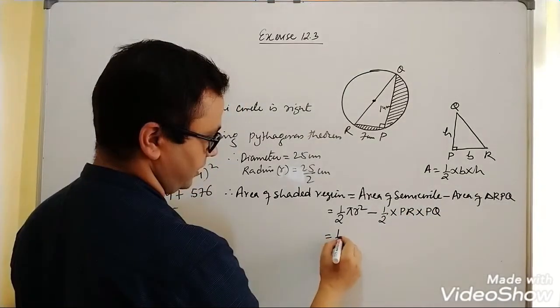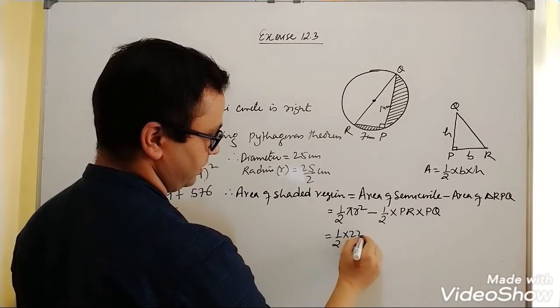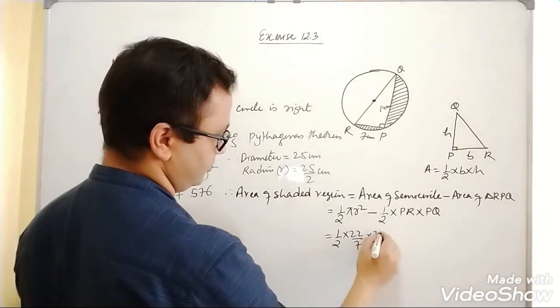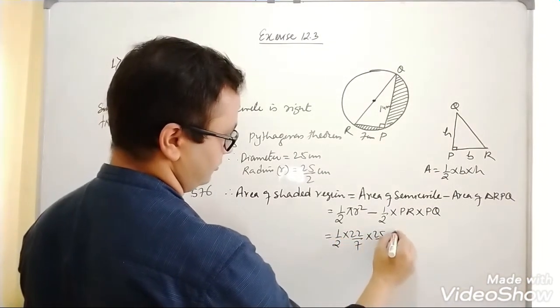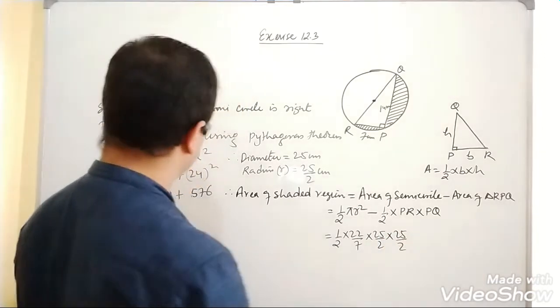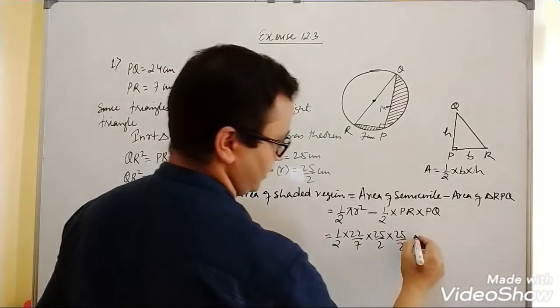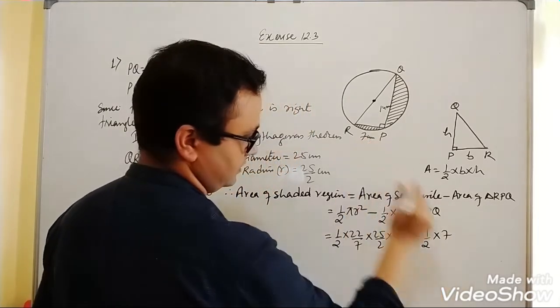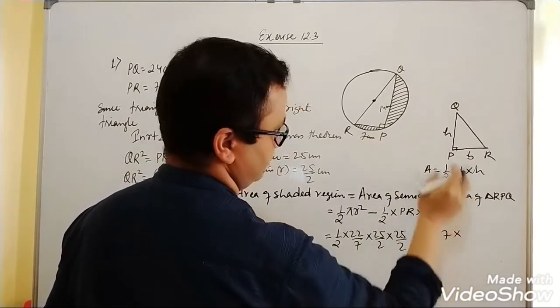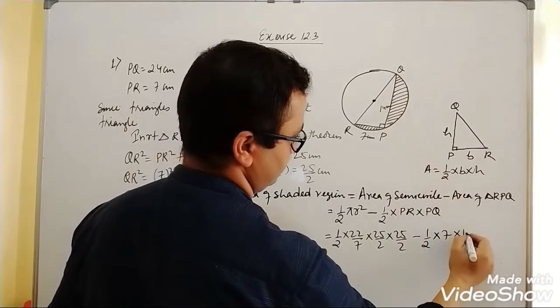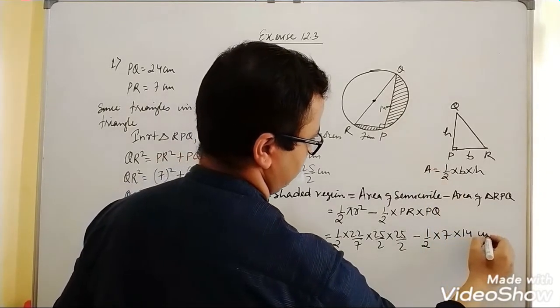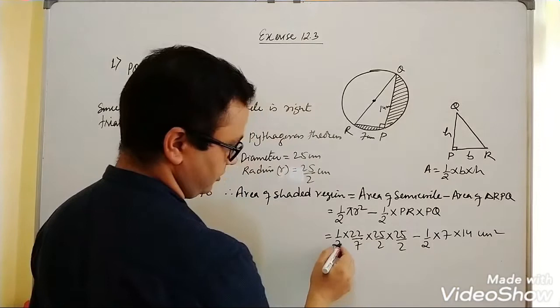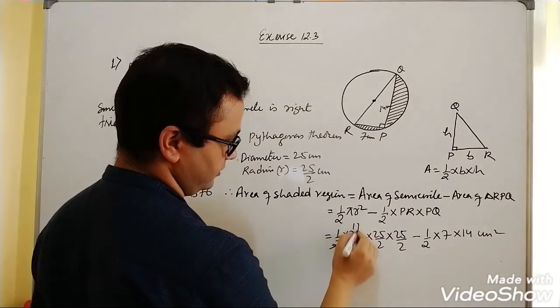Now put the values. Half into value of pi is 22/7, radius is 25/2 into 25/2, minus half into PR is 7 and PQ is 24 centimeter square. So we can cancel: 2 ones are 2, 2 elevens are 22.